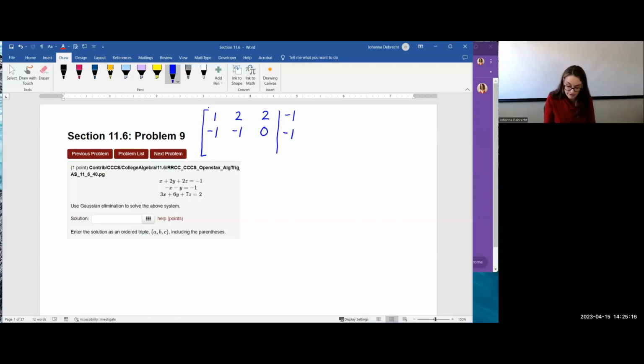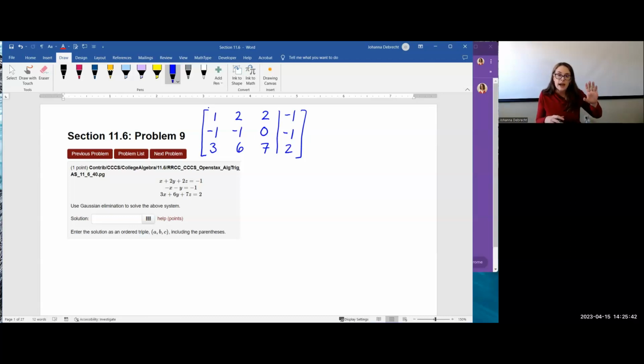Then I have, for the last one, 3 is the coefficient of x, 6 is the coefficient of y, 7 is the coefficient of z, and 2 is the constant. Now, when we're looking at these, what we often want to do is find one that has a 1 or a -1 coefficient to knock out the first elements in the other rows.